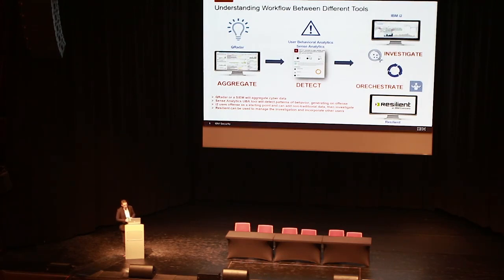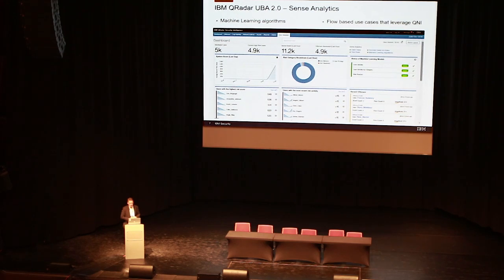IBM also has a user behavior analytics solution on top of QRadar, but of course it can be another third-party solution as well. Then you are collecting all this traditional security and non-security data to investigate, to see what is the root cause of these things.